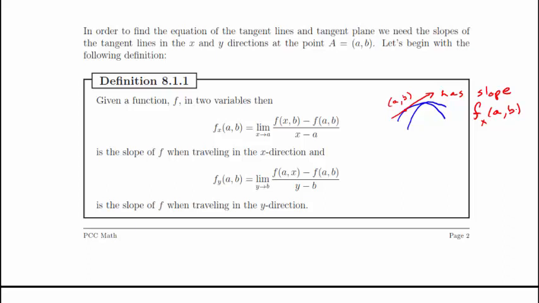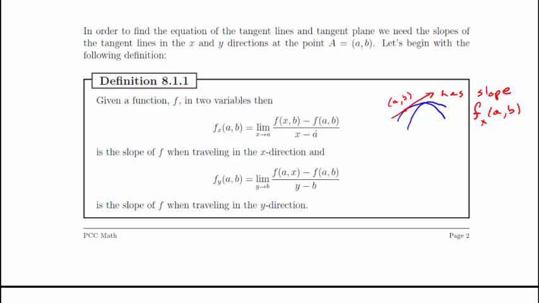The definition for our slope is from our first term calculus. Given a function f in two variables, then f sub x of (a, b) equals the limit as x approaches a of, big fraction bar, on top f of (x, b) minus f of (a, b). So the y value we're holding constant at b, while the x is a variable that is approaching a.